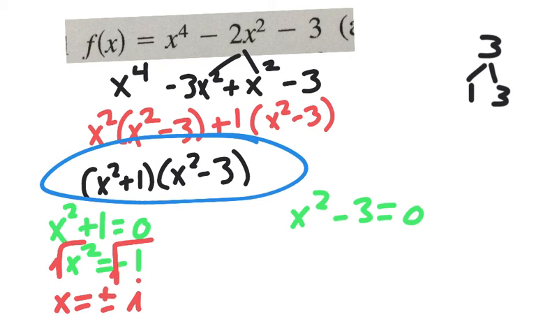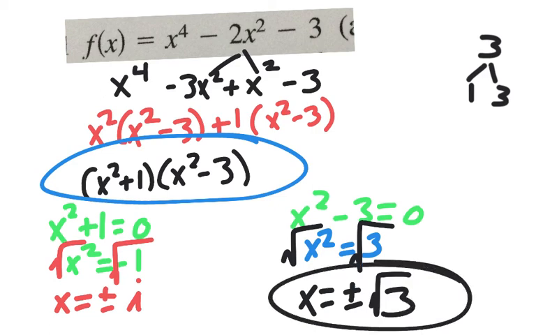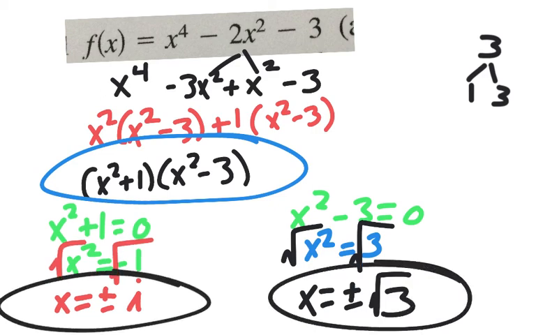Square root of negative 1 is i. Then over here, I add 3 to both sides. Then I take a square root. Tells me x equals plus or minus radical 3. So right here are my 4 roots: i, negative i, radical 3, negative radical 3.